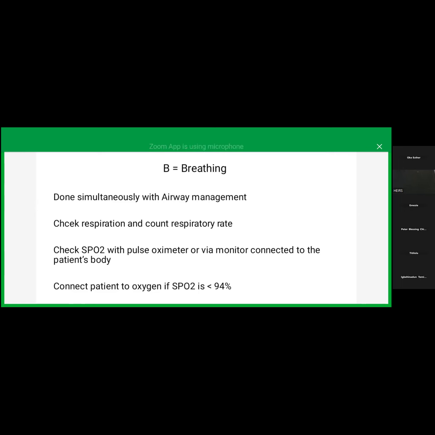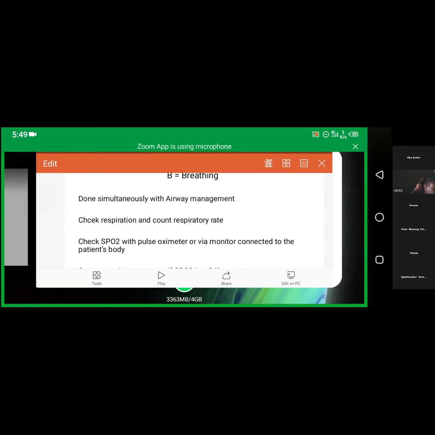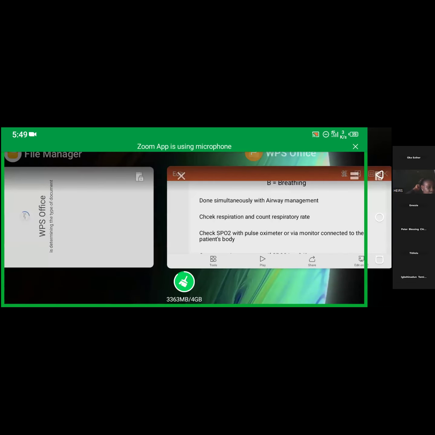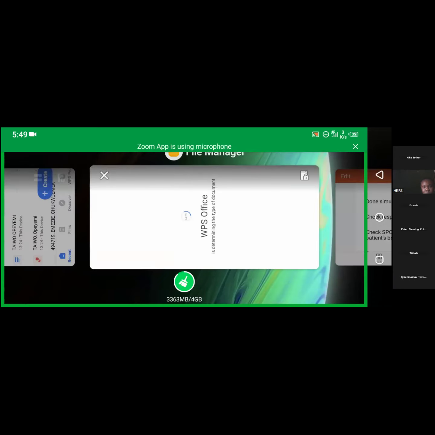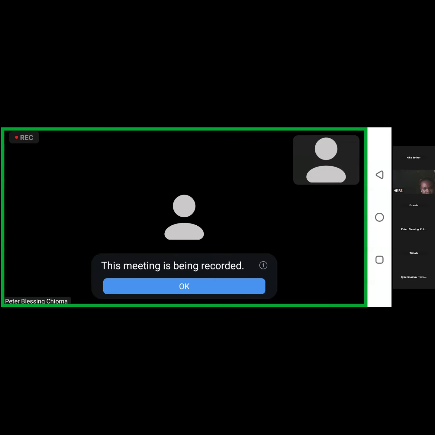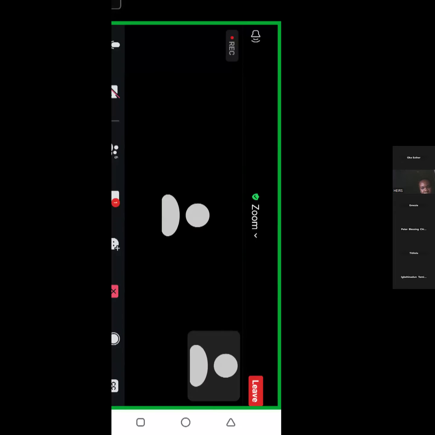So at this point in time, I want to know if there's any questions before we move on to the breathing and other part of the class. If there are questions, please indicate.